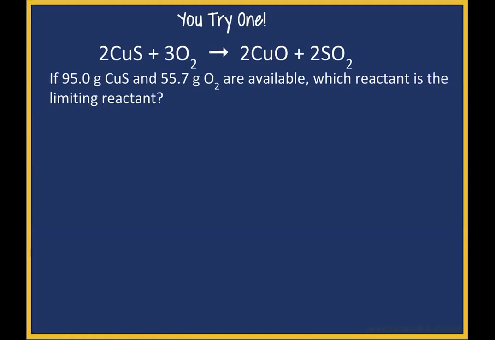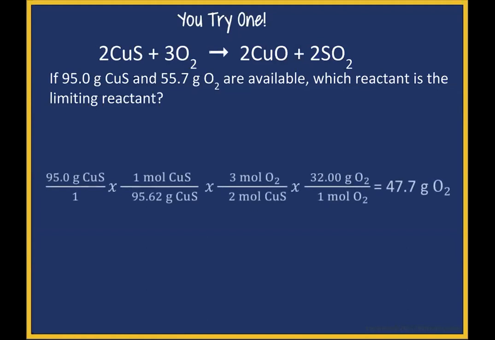So we're going to start with what we have. We have 95 grams of copper sulfide. So then you're going to have to change it to moles. Remember, if you're given grams, you always change it to moles first. So we take what we have, 95.0 grams.